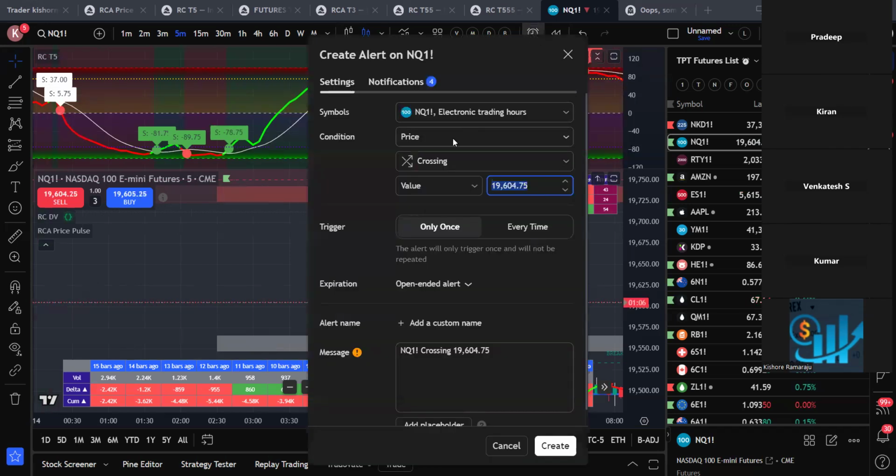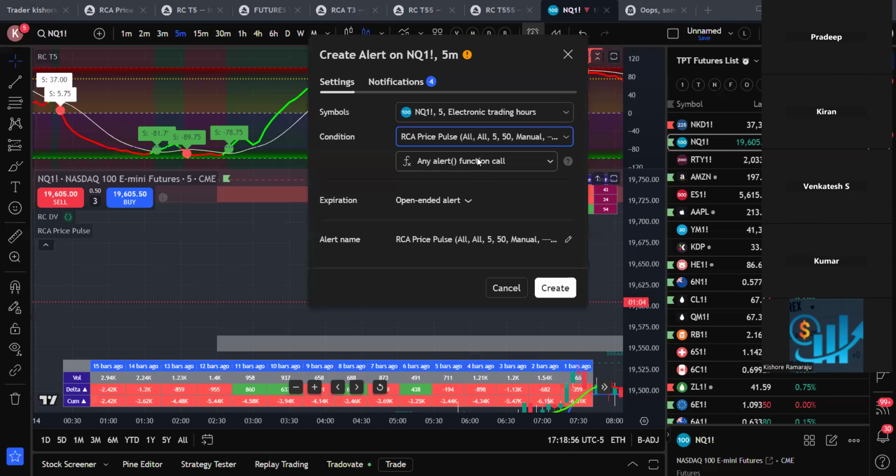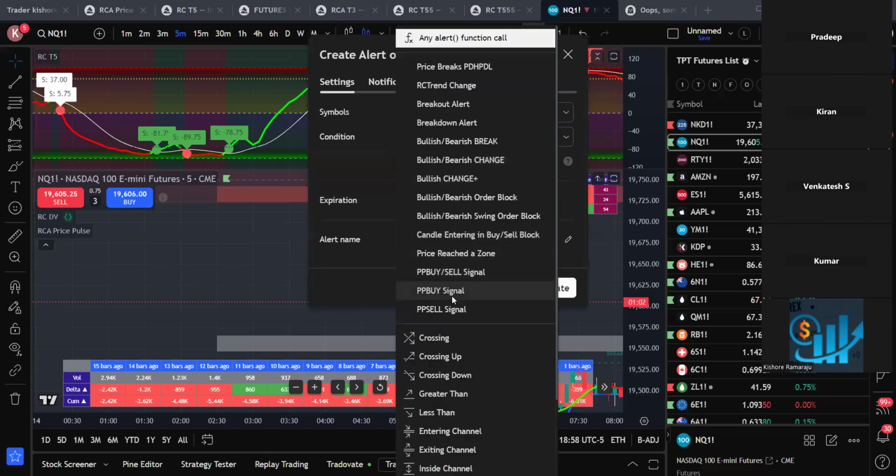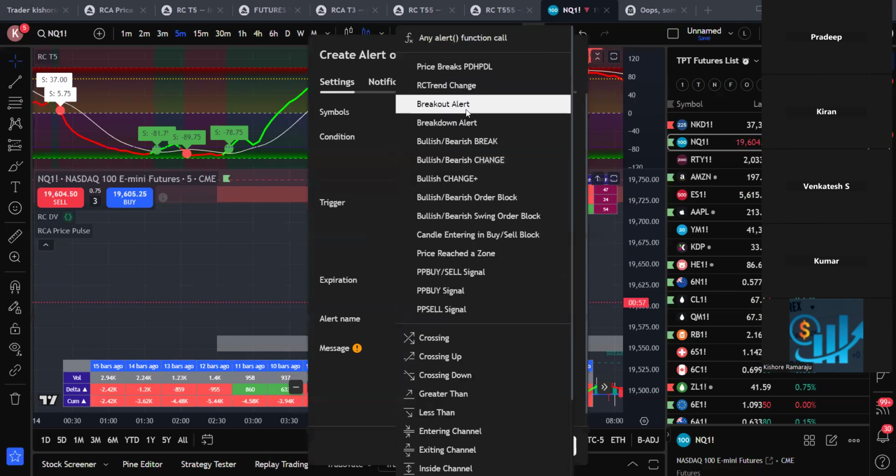So we created an alert notification, a breakout and breakdown alert. Breakout means it is staying in a blue box and then suddenly it goes up all the way, making a huge move. Breakdown means it came down from the blue box and then there will be a big drop.